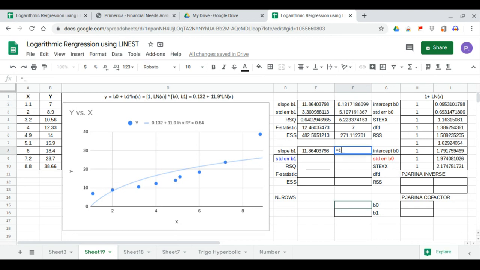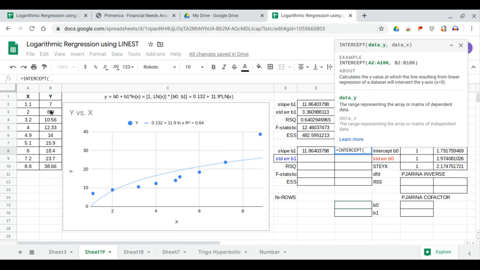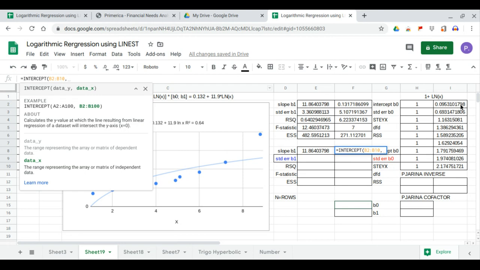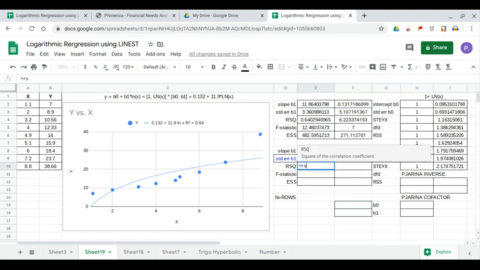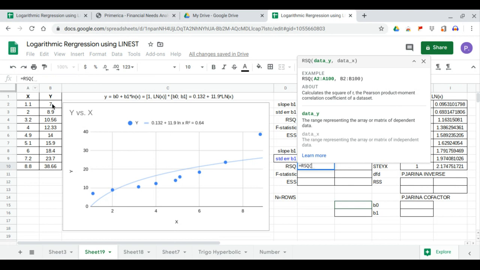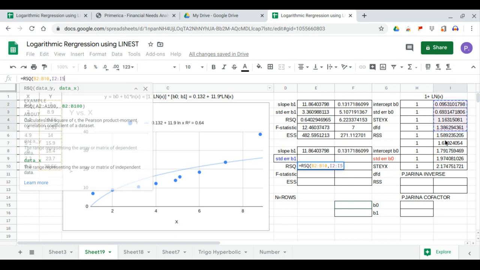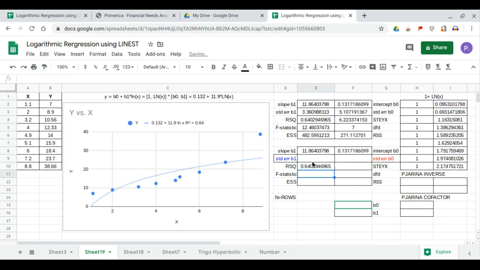We use the INTERCEPT of data y and data x, and this matches our LINEST output, as well as the equations of the chart. We can also calculate the r squared, which is RSQ of data y and data x, which is 0.6402, matching our LINEST output and our chart.